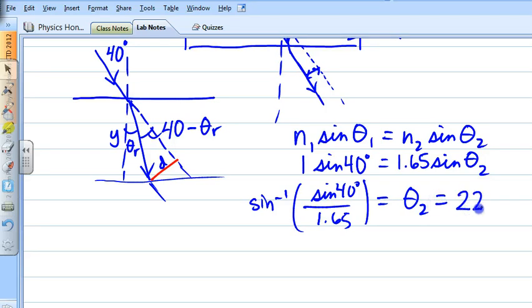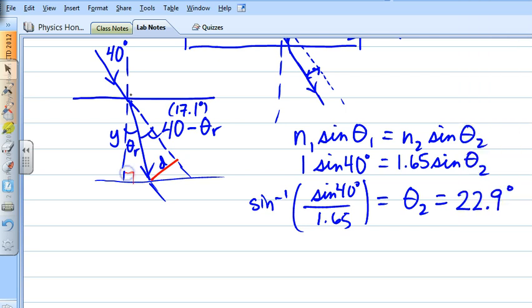So this is 22.9 degrees, which means that this teeny tiny little angle right here is about 17.1, if I have my math right. Okay? So now what we have are two right triangles. Let me try to show you those.